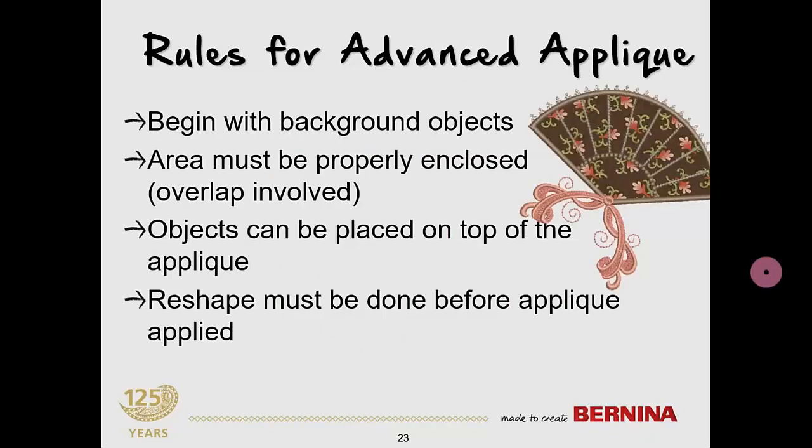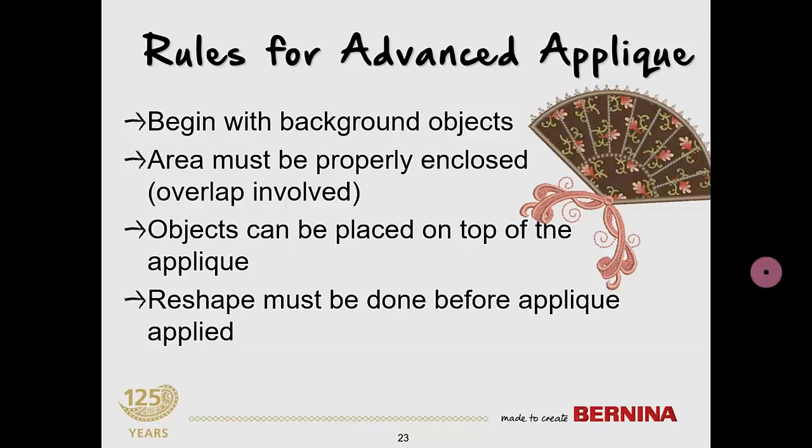Some basic rules for using the Advanced Applique. You need to study your design and make sure that you begin digitizing the background objects first and then work toward the foreground. You also need to make sure that areas are properly enclosed, and this involves overlap with the Open Object tools. I'll show you what this means in a minute.